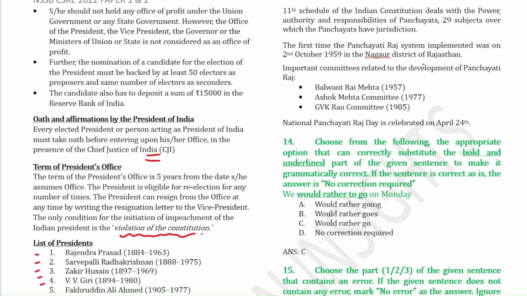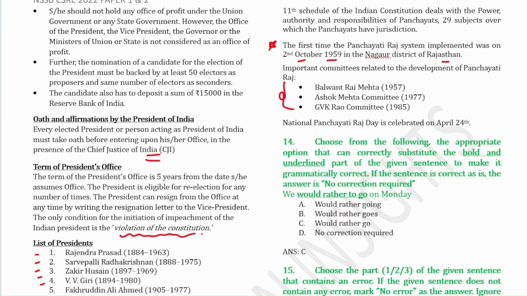Your answer will be Rajasthan. In which district? It will be Nagaur. And in which year? It was in 1959, 2nd October. So this is important. Some of the important committees related to the development of Panchayati Raj are these 3 committees, so you can go through. And the National Panchayati Raj Day is celebrated on April 24th.